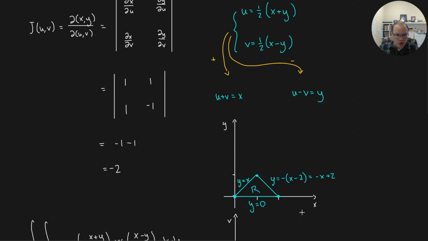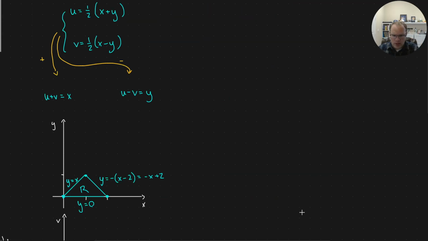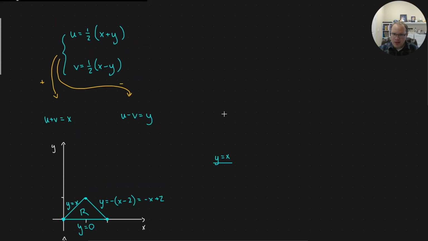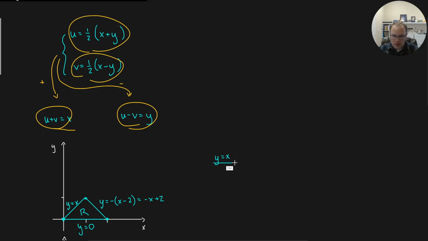All right, so we have our lines. What we need to do is translate those lines to what they would look like in UV space. How does the transformation apply to them? So for y equals x, take the lines one at a time. Y equals x. If I look here, I notice I have x minus y, I have x plus y. So I want to translate this using these tools here to UV space.